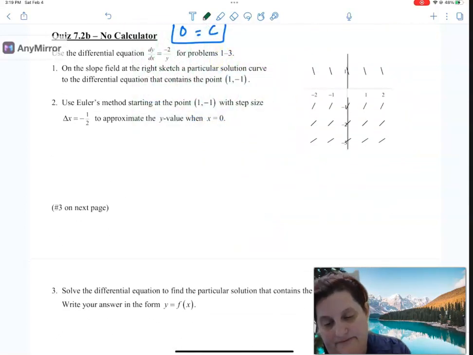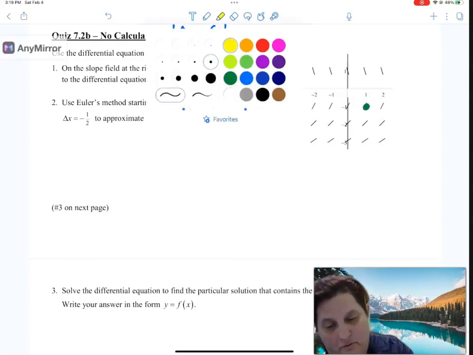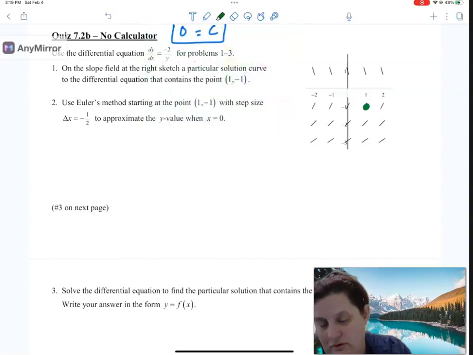All right. This one looks fun. Same thing, use the differential equation for problems 1 through 3. On the slope field, oh, they already made us the slope field. Wonderful. Do the particular solution through the point 1, -1. Cool. Let's see.